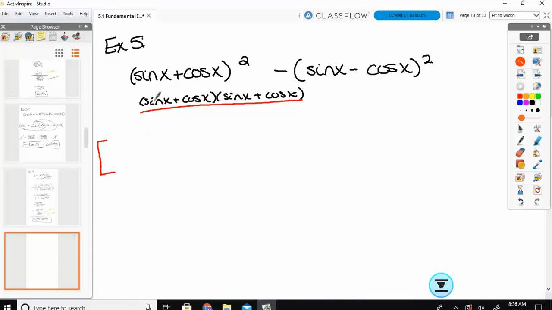Okay, so I'm going to start with that first piece then. If I FOIL these, we get sine x times sine x, which would be sine squared x, plus sine x cosine x, and plus sine x cosine x would be plus 2 sine x cosine x.